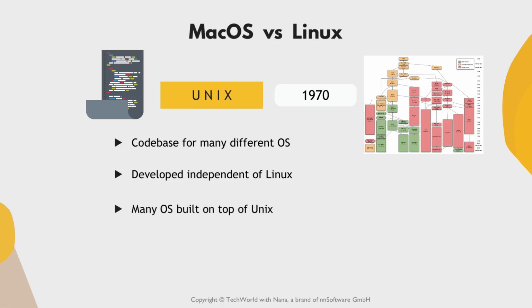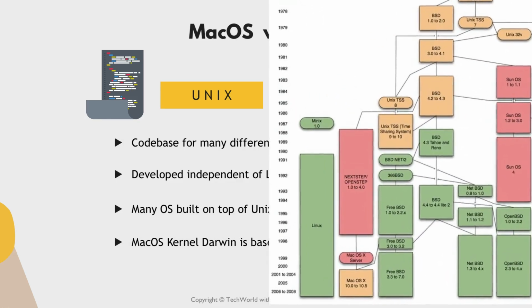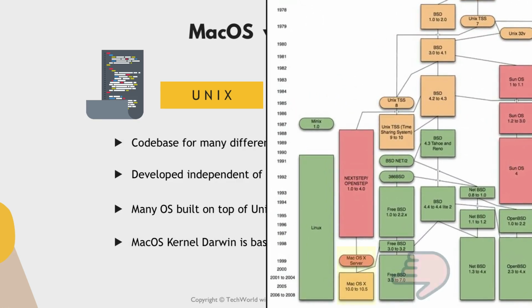And one of those operating systems was macOS. So the macOS kernel Darwin, which I mentioned earlier, actually includes source code of one of the Unix-based systems, making macOS one of the most popular operating systems which came out of Unix.